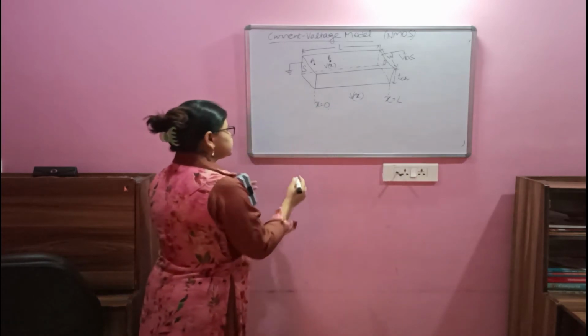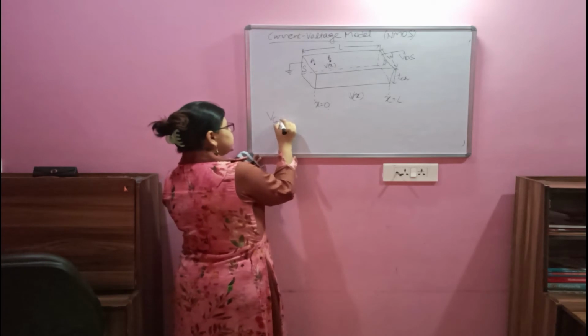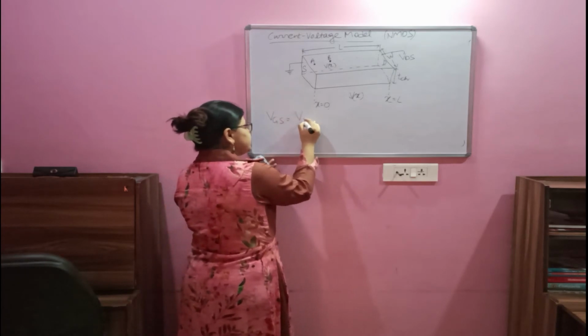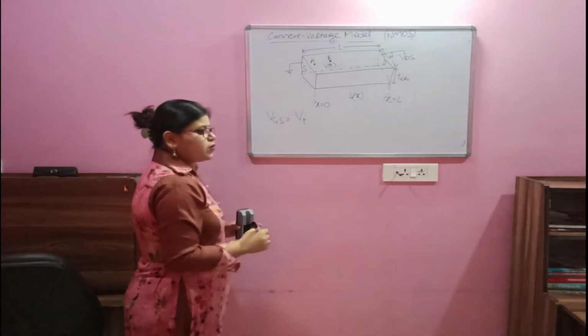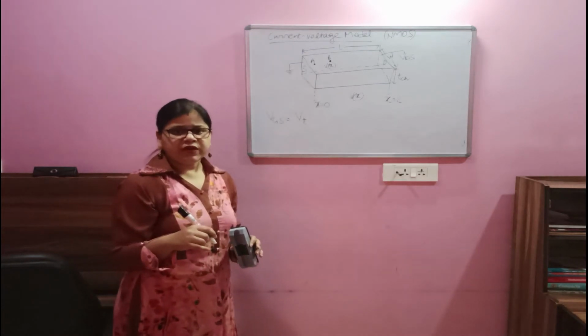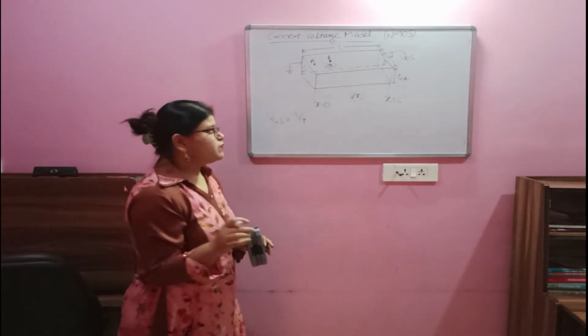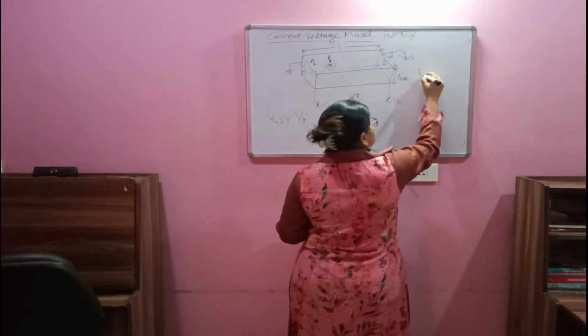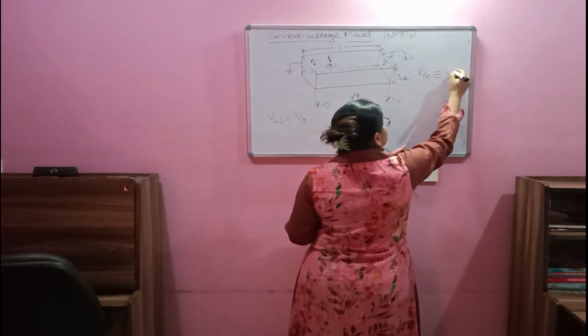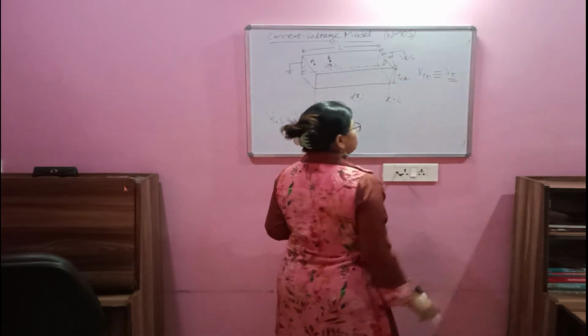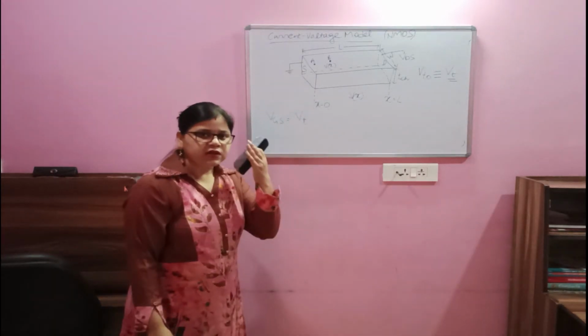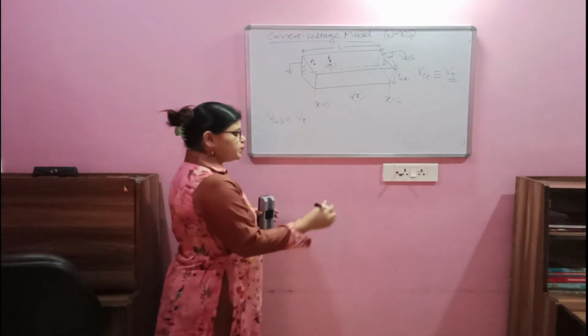So now the equation which I have just written is basically VGS equals VT. Rather than writing VT naught every time, I am just considering it as VT, just for simplicity of writing.